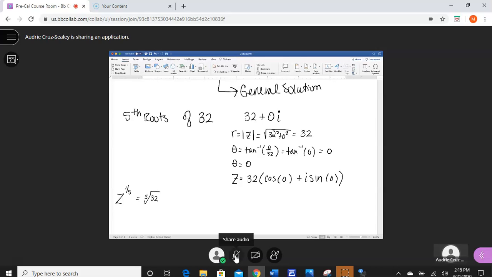Okay. I'm going to do cosine of, big parentheses, 0 plus 2 pi k over 5, plus i sine of 0 plus 2 pi k over 5.